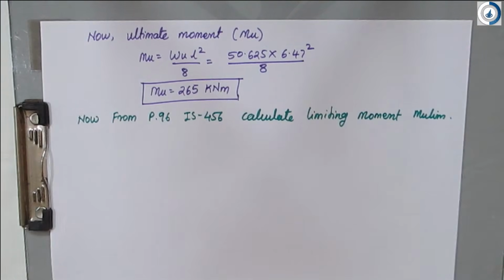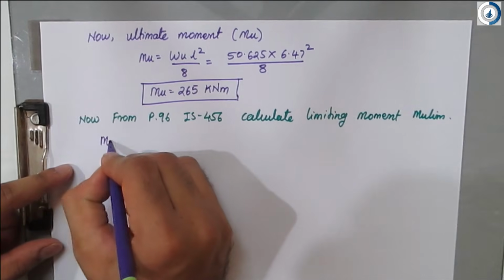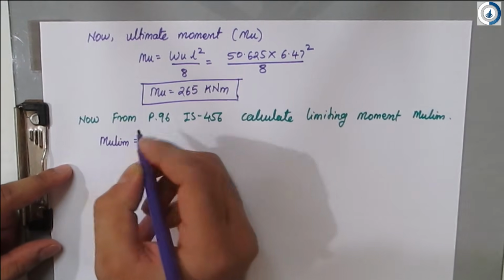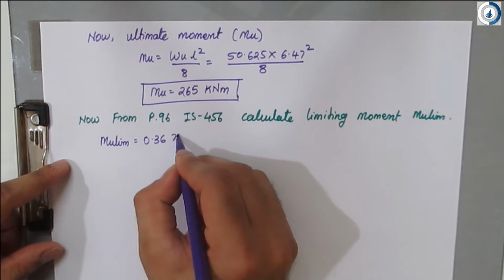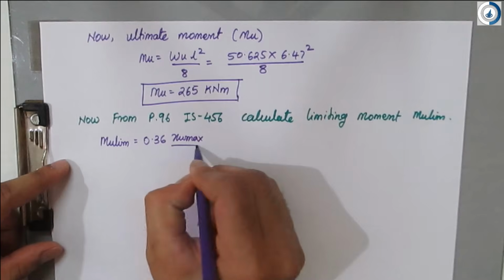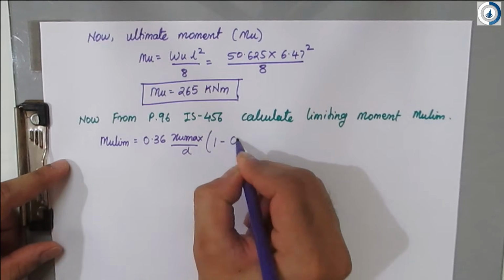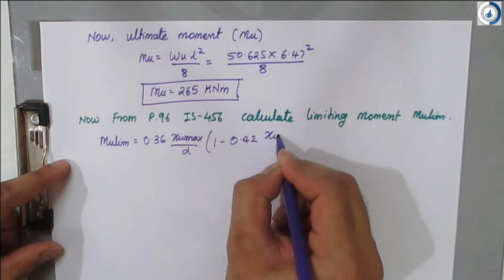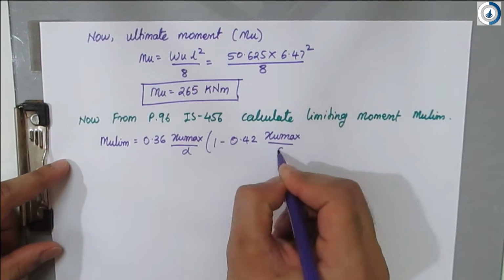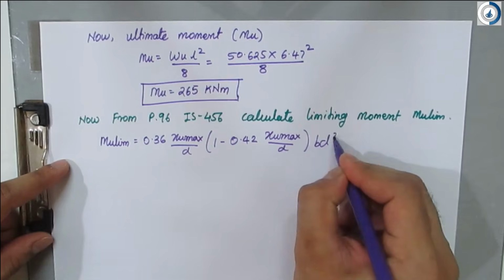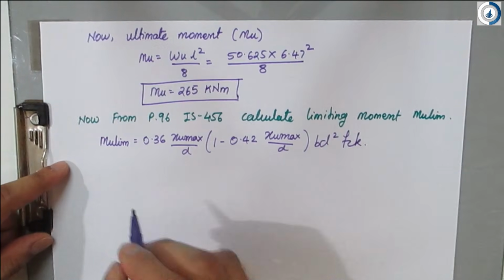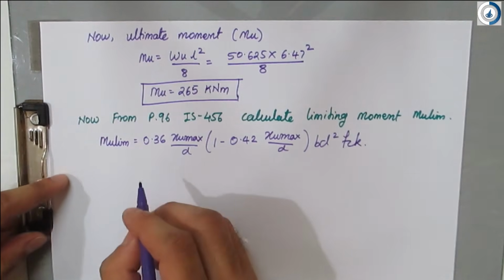So it is nothing but Mu limit is equal to 0.36 Xu max by d into 1 minus 0.42 Xu max by d, b d square fck. Now what is the Xu max by d value?